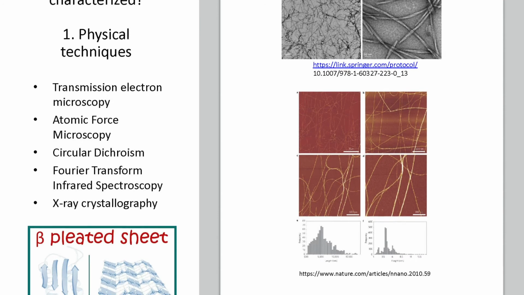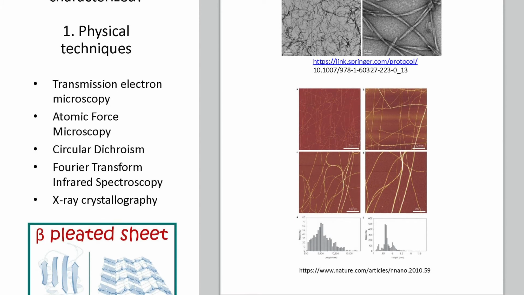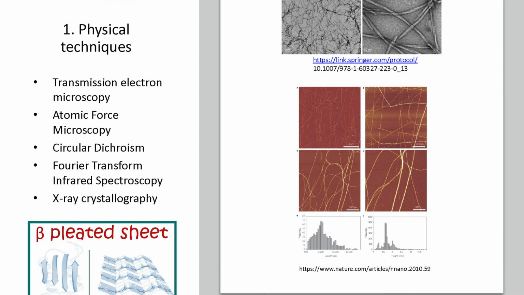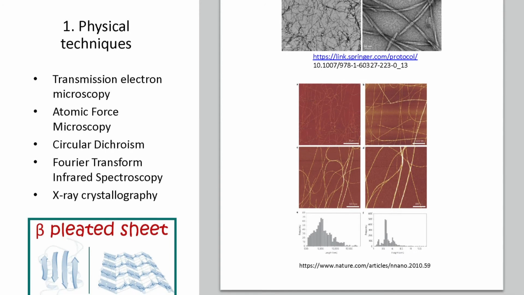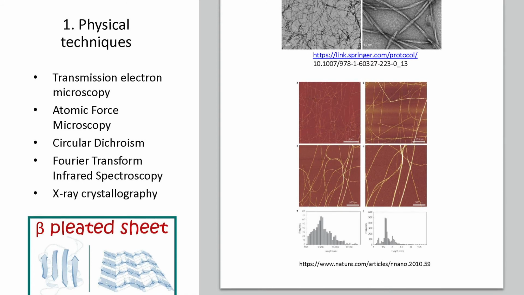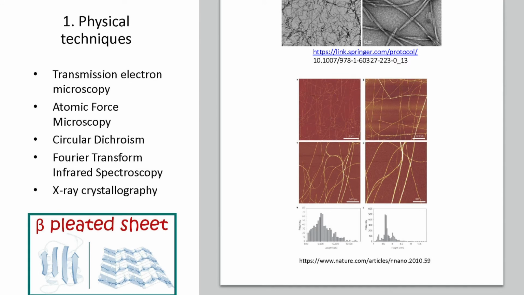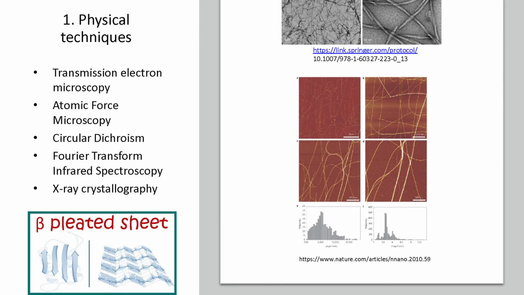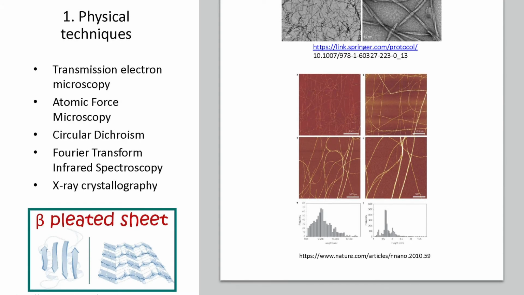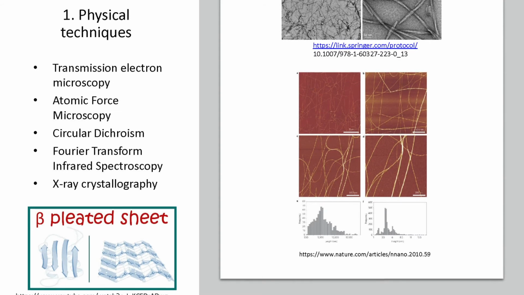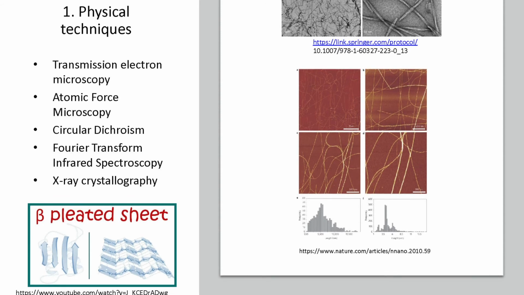CD, IR and X-ray crystallography enable us to understand the extent of the secondary structures that are being formed in the amyloids. As you all know, proteins have predominantly alpha helical as well as beta pleated structures, whereas in the amyloidogenic proteins we can see that they acquire predominantly beta pleated structures, and these beta pleated structures are signatures of amyloids.